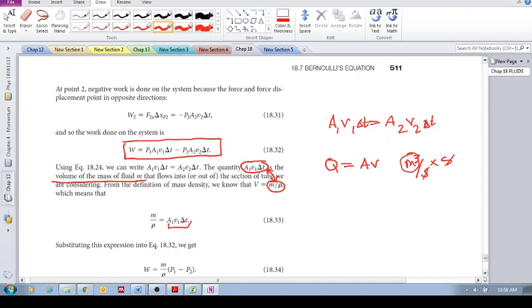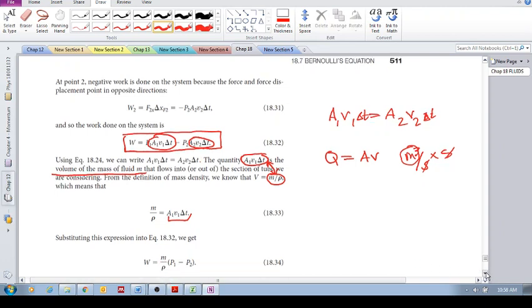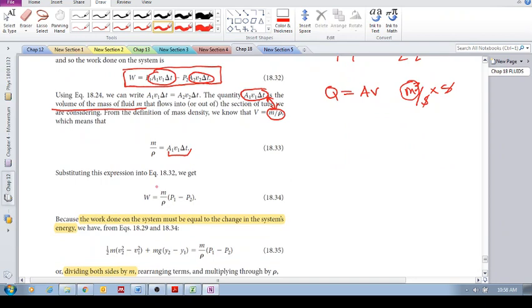And if we substitute this into the equation over here, this gets replaced by m over rho, and this gets replaced also by m over rho. So we have the work done. Work done is now in terms of the mass, the density, and the pressures.